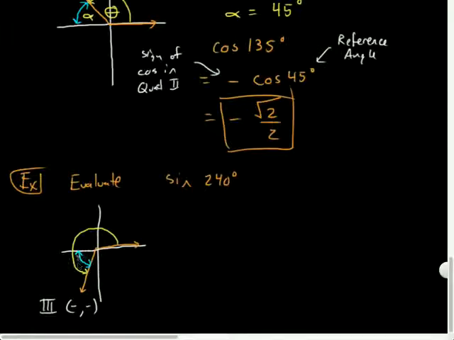I'm going to subtract 180 from 240 to find the reference angle. So alpha is going to equal 240 minus 180, which is equal to 60. So that means sine of 240 is going to equal the negative sine of 60 degrees.